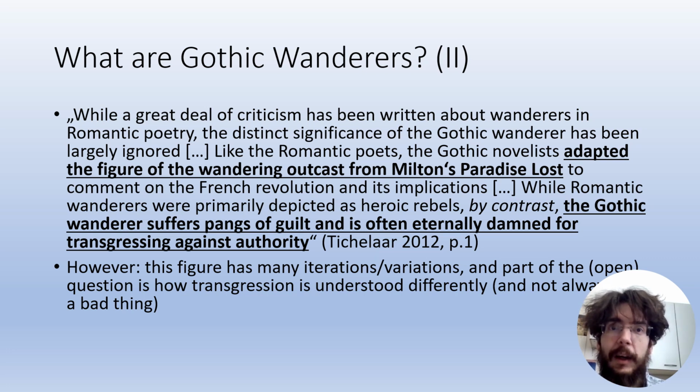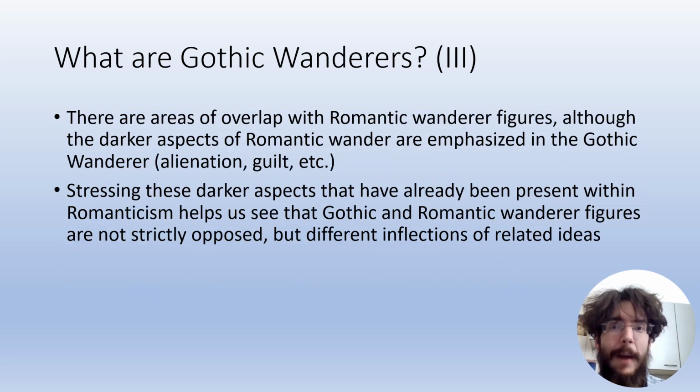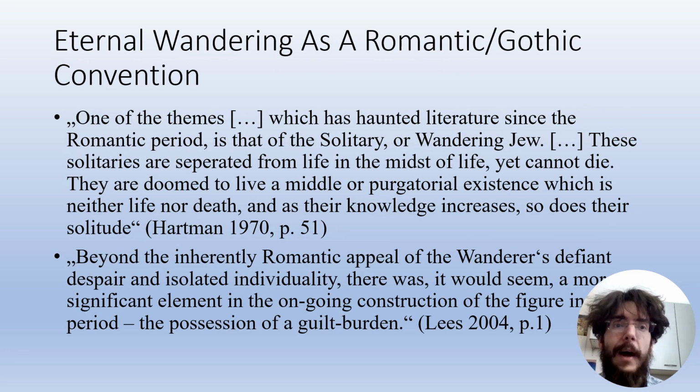I'm working based on the assumption that there's already this kind of Gothic strain to the wanderer figure within Romanticism. So there are areas of overlap, especially in terms of their alienation and their guilt. And this helps us see a continuity between those two traditions of writing.